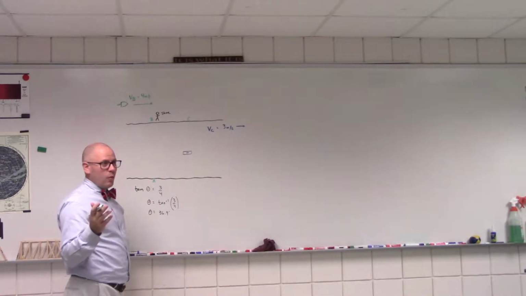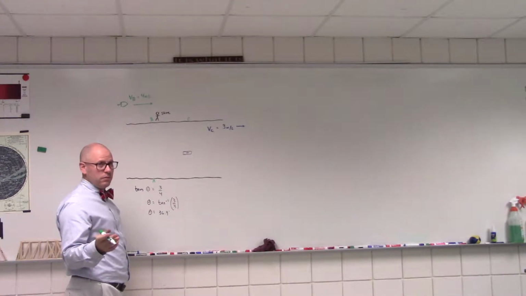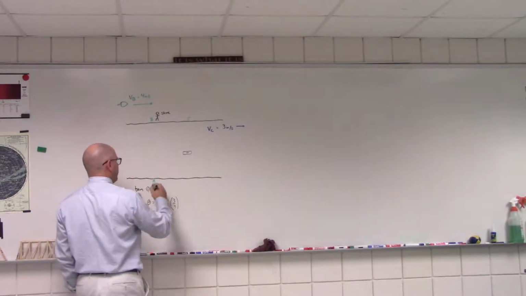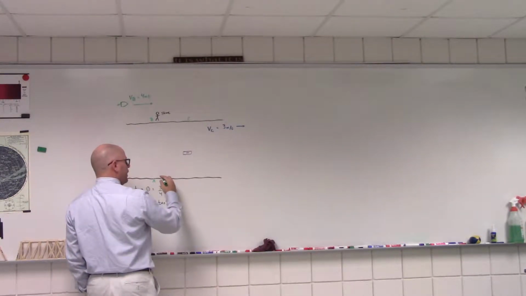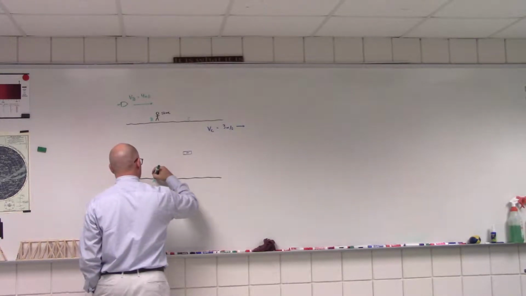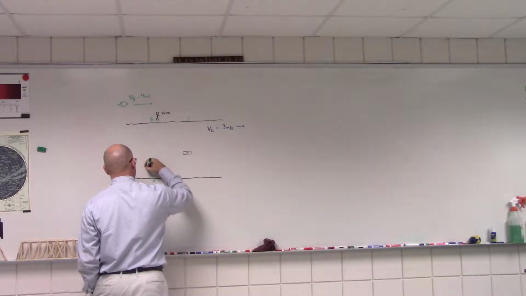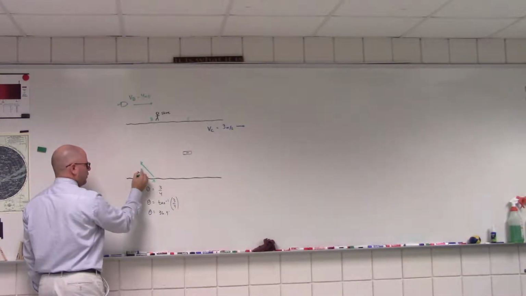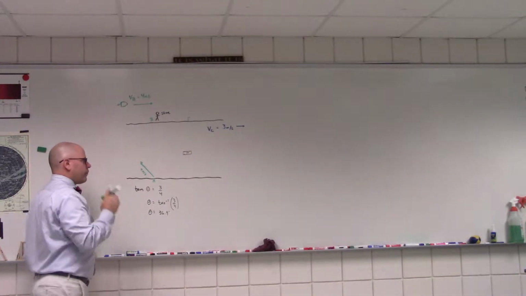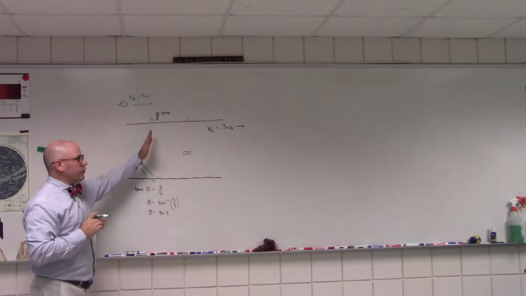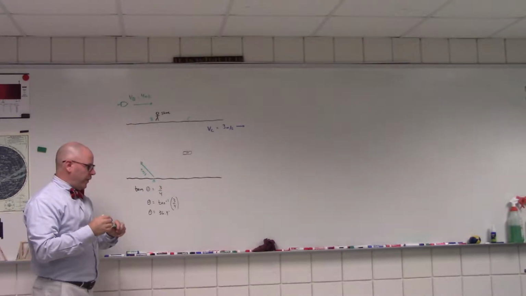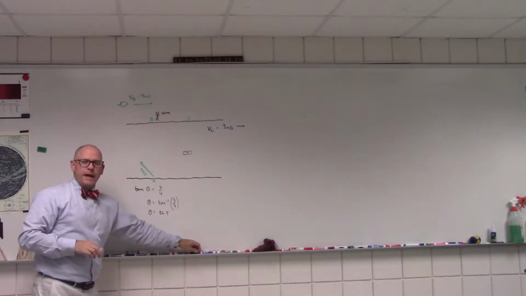The first question is, what is the speed of your boat? The speed of your boat is 4 meters per second. So when I draw that in, I'm going to draw upriver. Because I want to go straight across, I want to angle it upstream so that the river can pull me downstream.